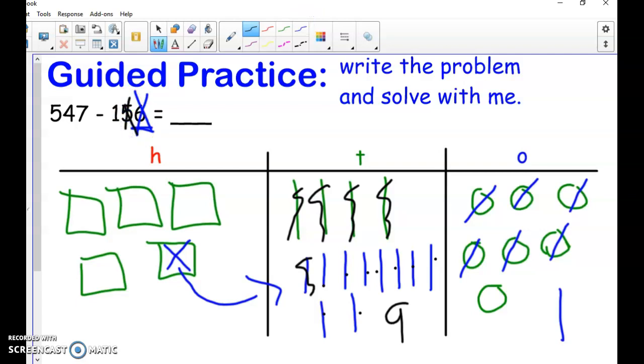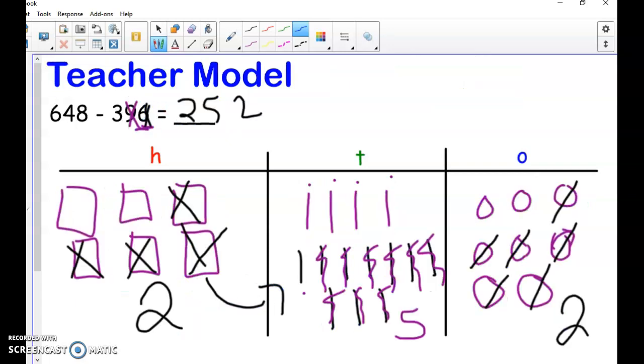And lastly, I need to take away 100. And when I subtract 100, I'm left with 300s. So 547 minus 156 is equal to 391. Let's do one more together.